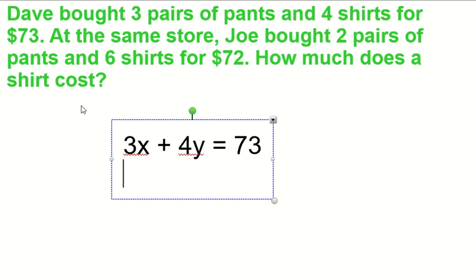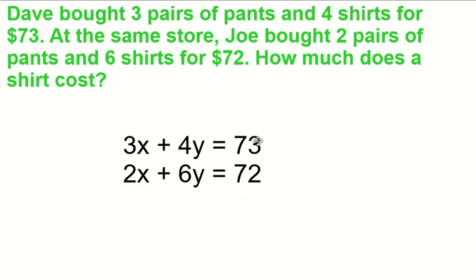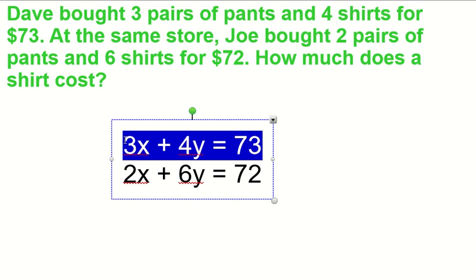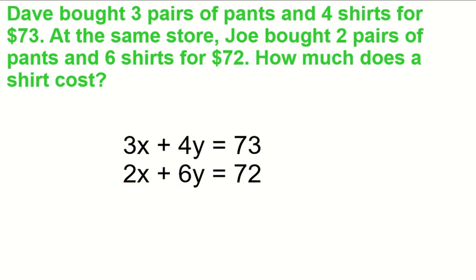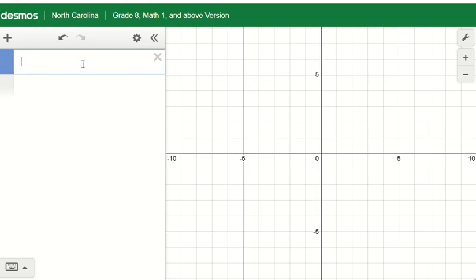Joe then, 2 pants, 6 shirts, $72. All right. So I'm going to copy and paste. Go put those in.